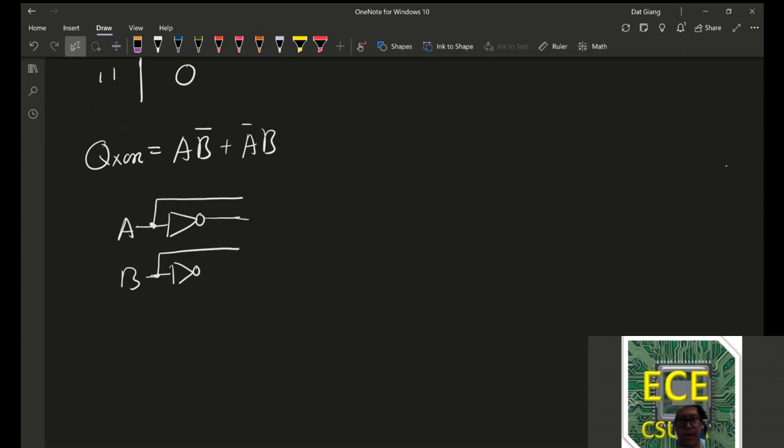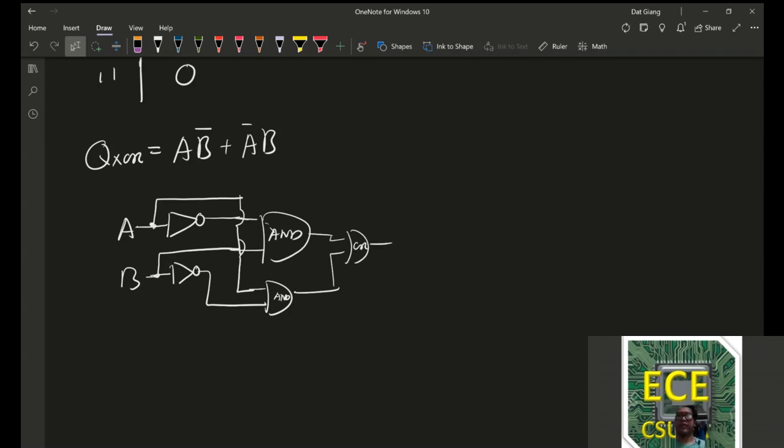So we have A multiplied by B complement, and then from over here, multiplied like so, and then added together. Like that. That is how we deconstruct an XOR gate.